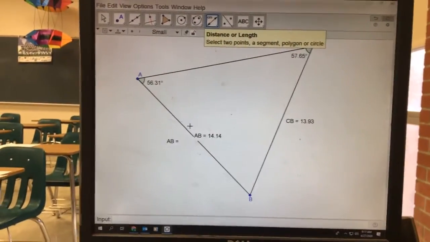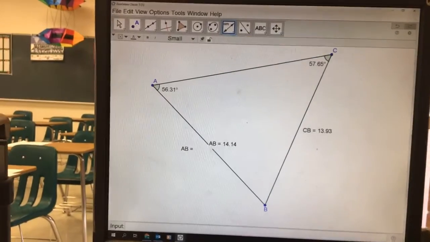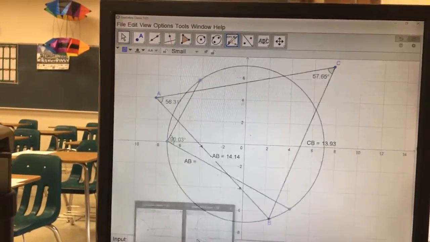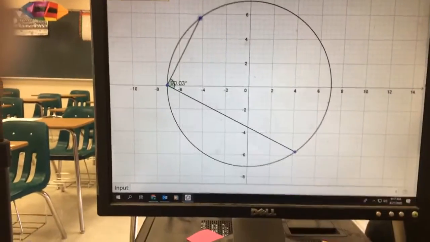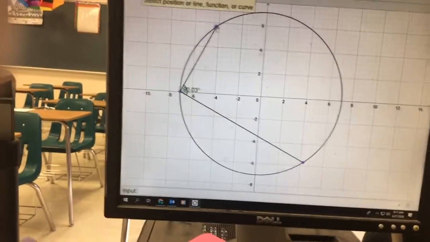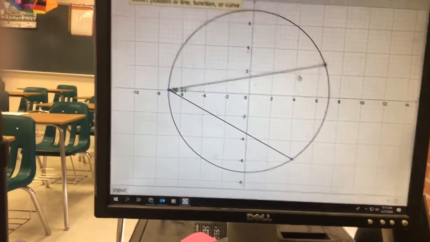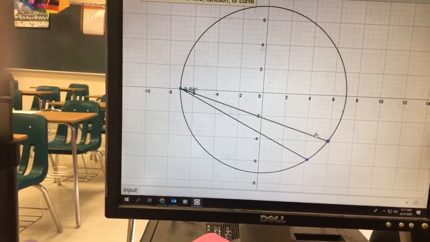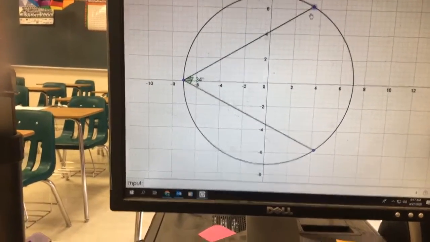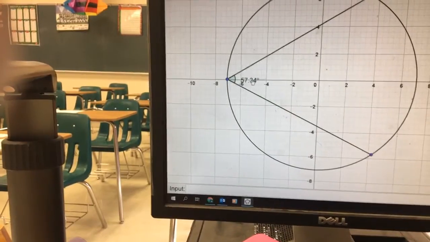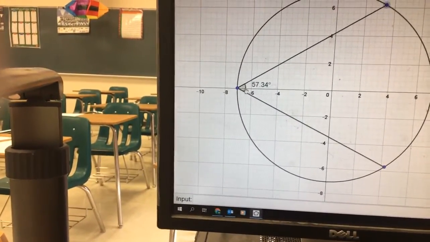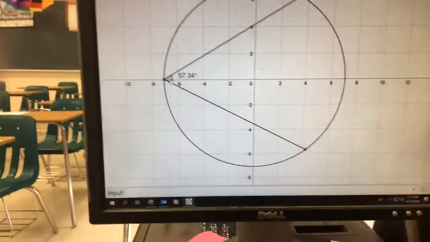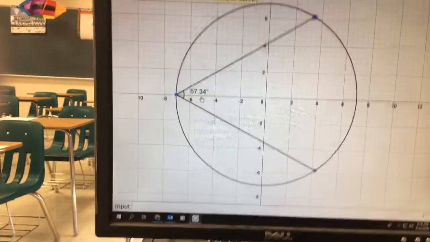Now, another thing I'd like to look at is the measure of an arc. Here's a triangle, again drawn up in GeoGebra. I've got the measure of the angle, and as I move this point around, you can watch the measure of the angle change. Right now, the measure of this inscribed angle is 57.34 degrees.